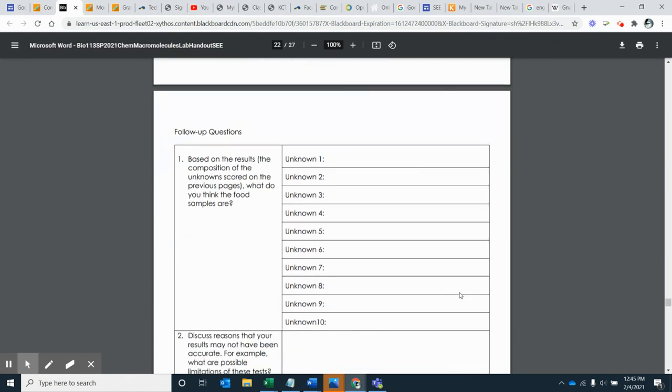And then I gave you choices based on what your results were, where you had a couple of different choices where you had to pick between the different options.